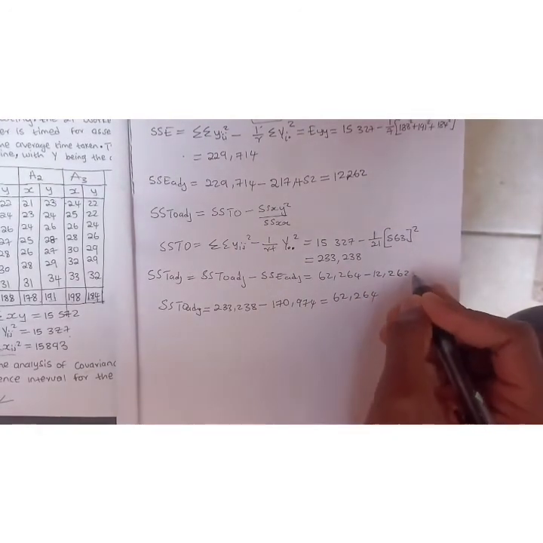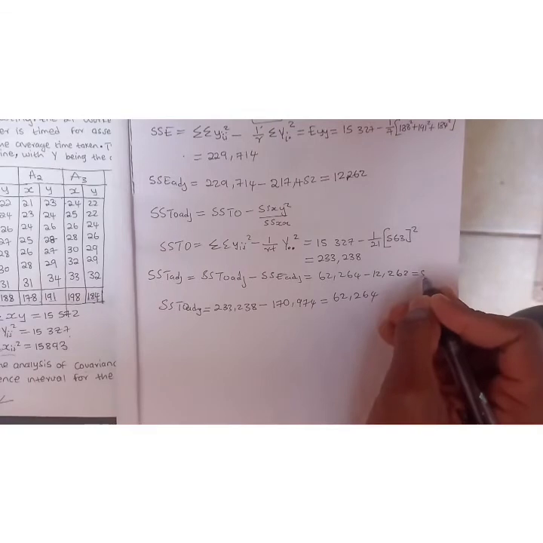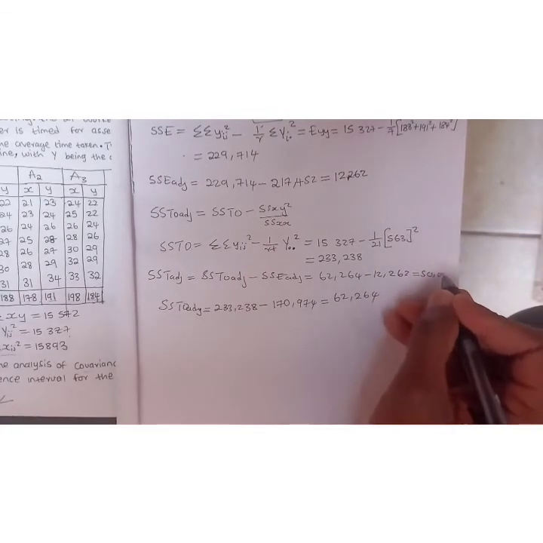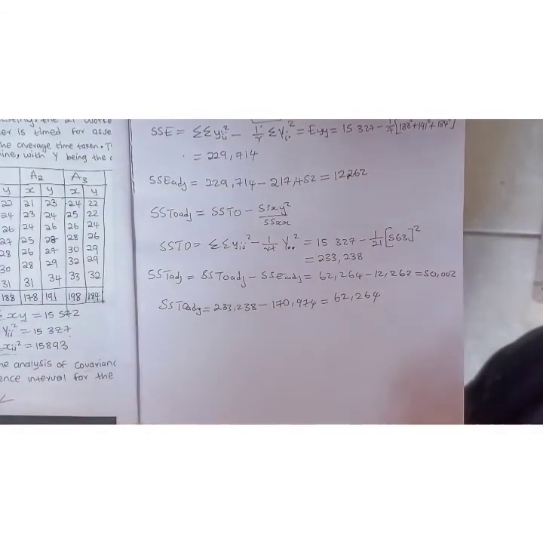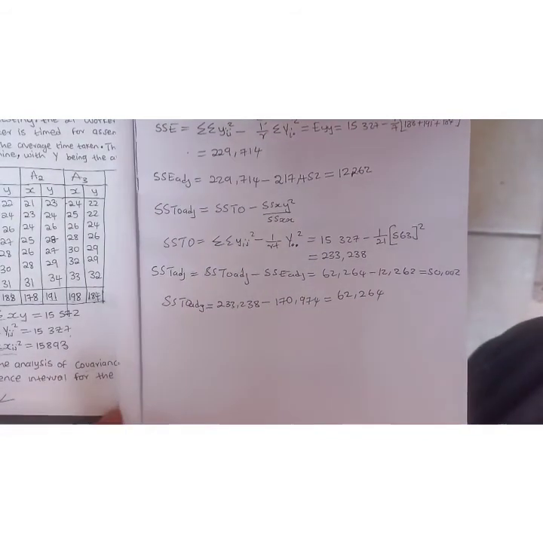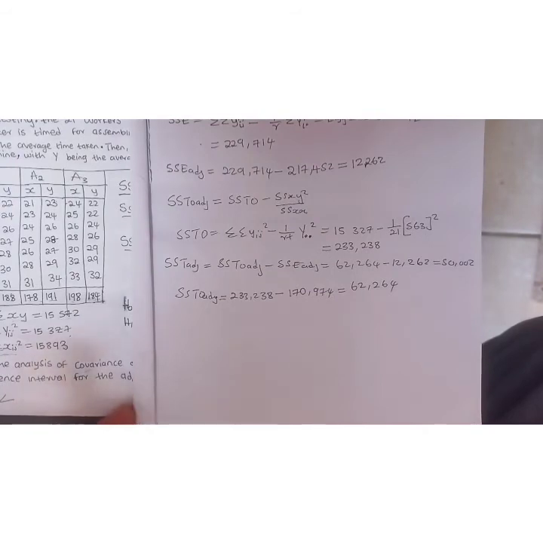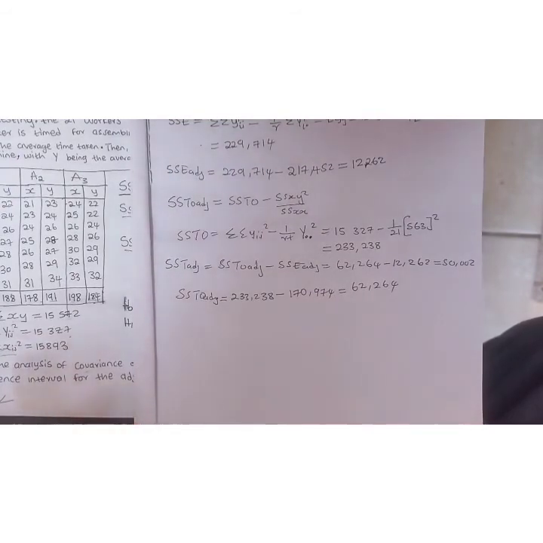I'll get the value which is 50.002. So which means we were correct. So in order for us to find SST adjusted, we can even find it without finding SSTO adjusted and SSE adjusted. So that's how we did it.